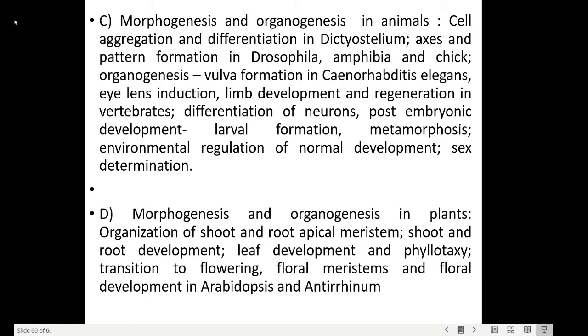Those growth factors are useful for cell development.